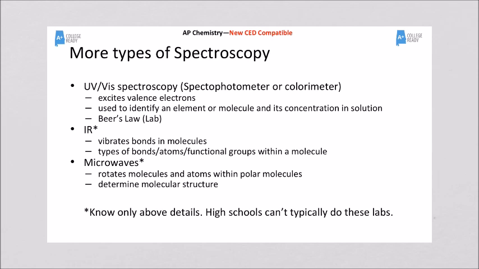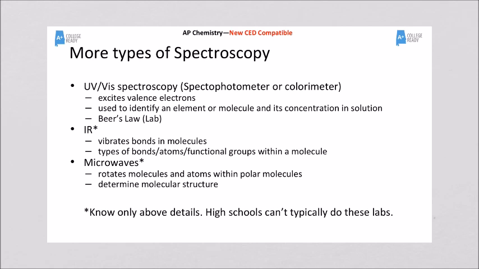There are types of spectroscopy that you could be asked about. If you think back to Unit 1, we talked about PES, which is another type of spectroscopy. It has to do with photoelectron spectroscopy, and that's where energy was added to atoms, and the electrons became so excited they didn't just move to a higher energy level, they actually left the atom.